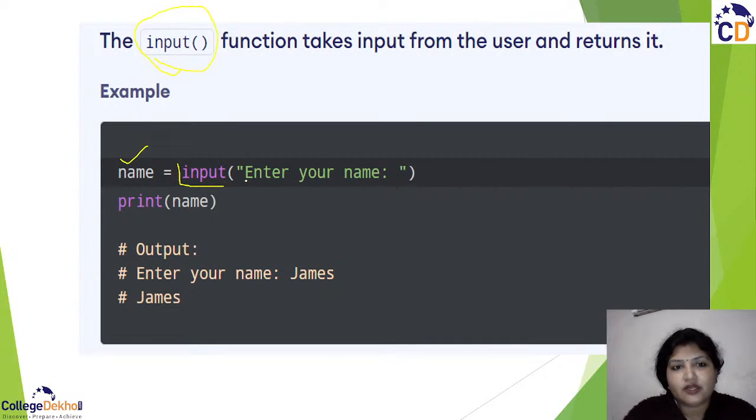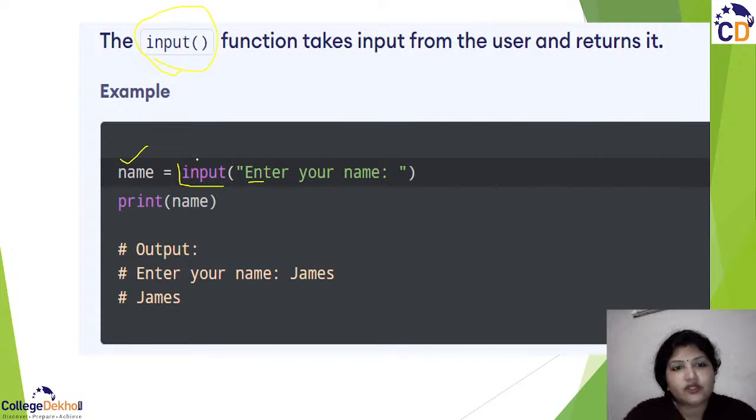So we have printed on the screen, enter your name. So your name should be a string. Even if you are entering your age, yes, your age is a number, but it would be taken as a string. So by default, when we use the input function, it is taking a string. The data type of the value is string.